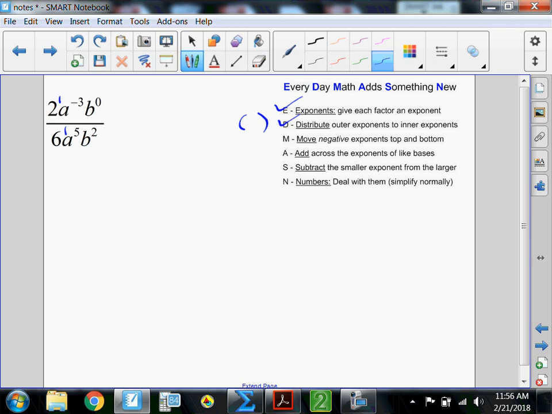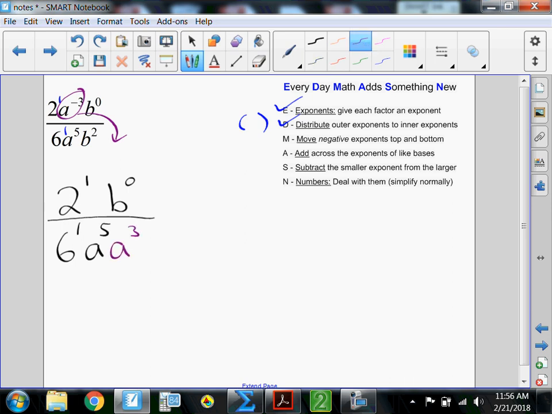Move negative exponents from top to bottom. So this a to the negative 3 is going to come to the bottom. That means my fraction is going to look like this. 2 to the 1st, b to the 0, 6 to the 1st, a to the 5th, and now I have a to the positive 3, and I have a b squared.